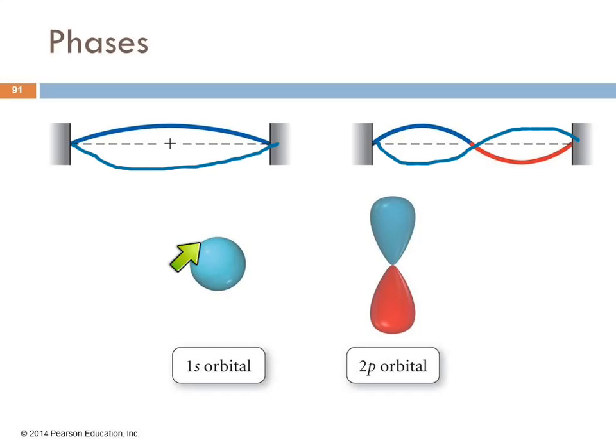If you had two 1s orbitals that overlapped and were out of phase, they would essentially cancel each other out. The phase is like the phase of a wave: where is it big and where is it small? If they're big in the same place and you get them together, they grow, and it becomes more probable that things will be there. If they're out of phase, they shrink down to nothing.